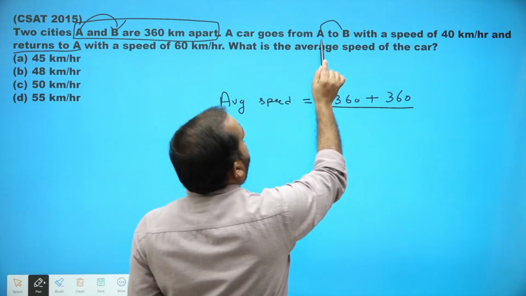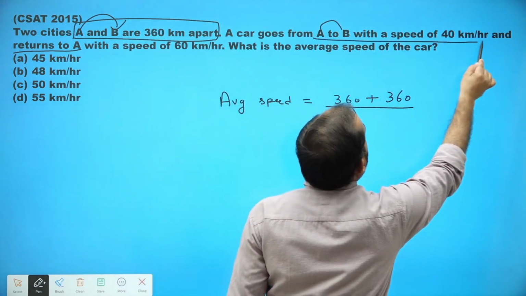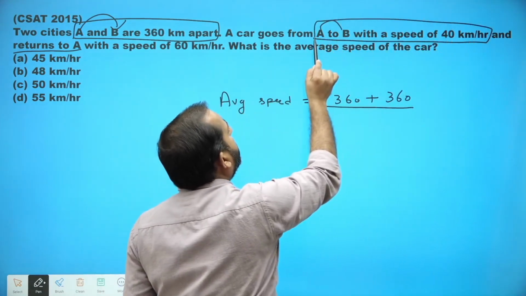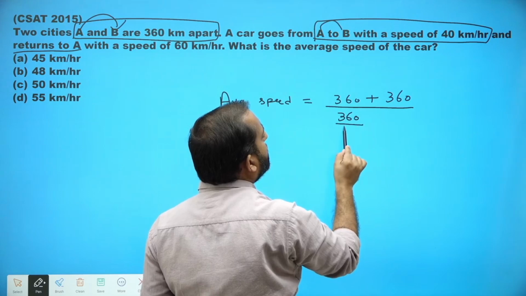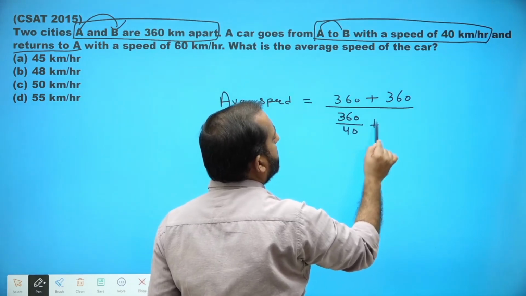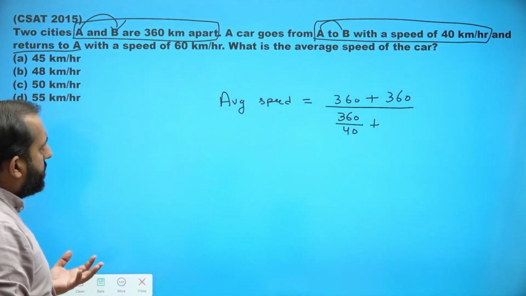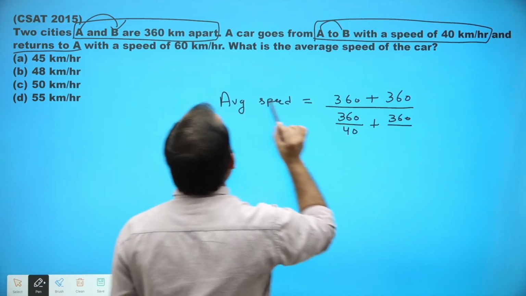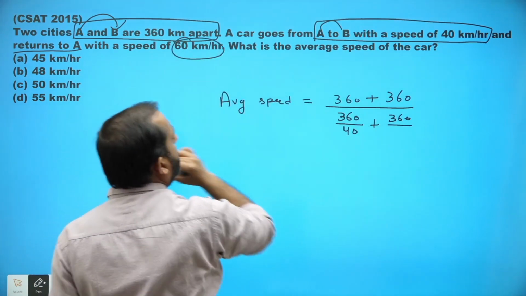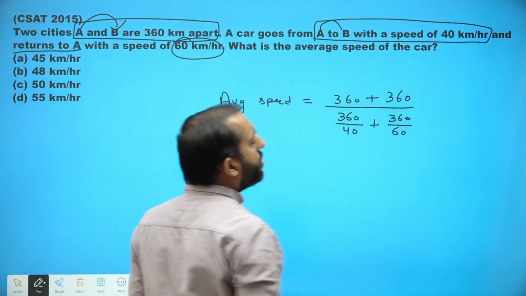Now, from A to B, he traveled the distance with the speed of 40 km per hour. So time taken should be distance from A to B divided by speed from A to B, plus, when the car returns, distance was again 360, but the speed was 60 km per hour.